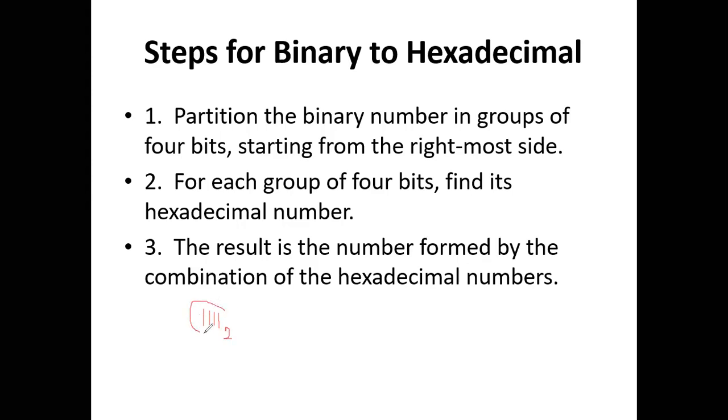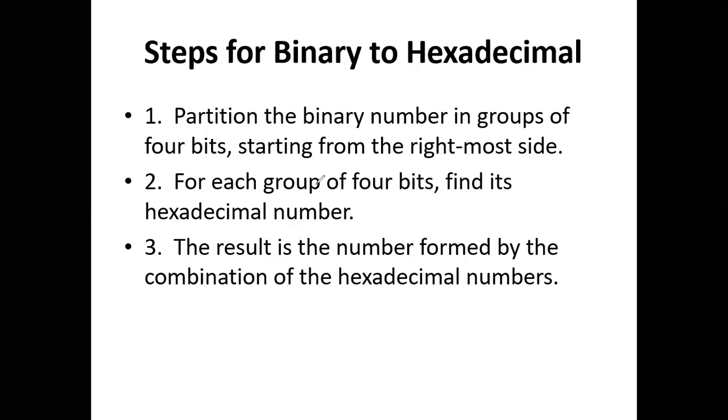So this is 4 bits. So what you do when you are trying to convert a number from binary directly to hexadecimal, you are going to group that number in 4 bits. And then for each 4 bits, you now get the hexadecimal number.